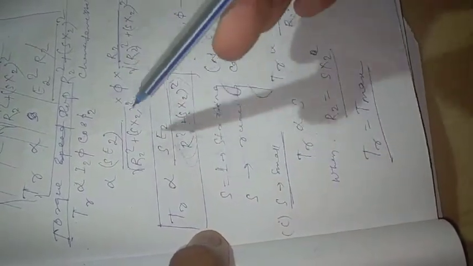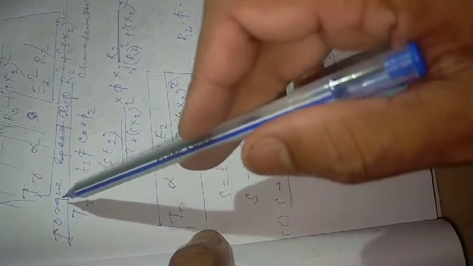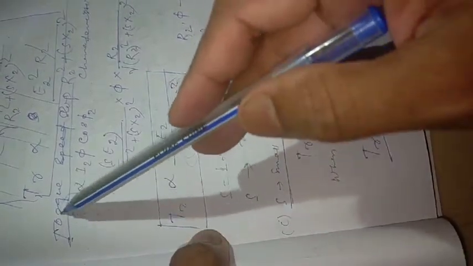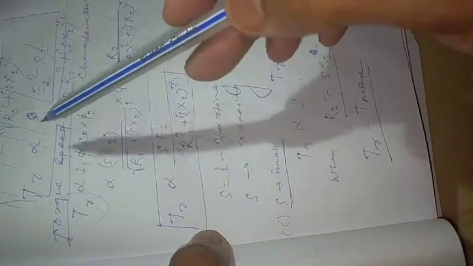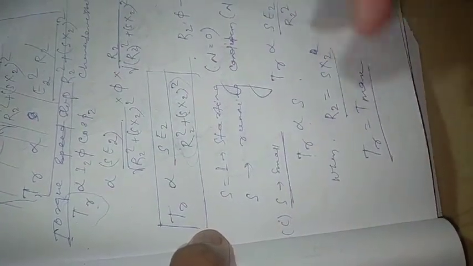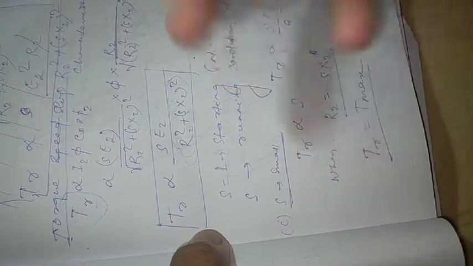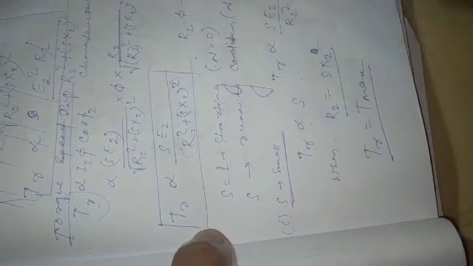See, one point you have to simply remember here: whatever torque is produced in the rotor part, there will be two torques. One is the starting torque, which is much greater than the running torque, because this is a very high torque to start the rotation. Once the rotation has started in the induction motor, the rotor will have a constant torque.